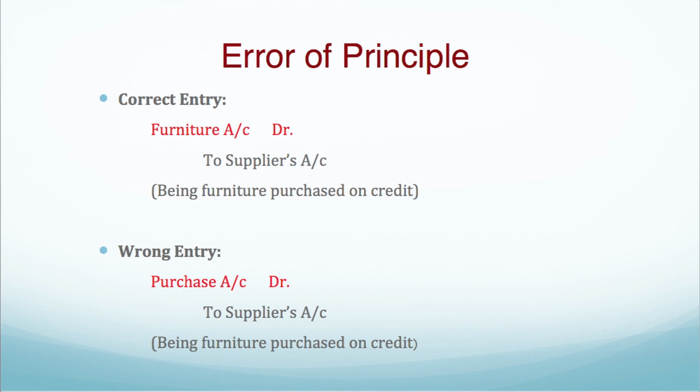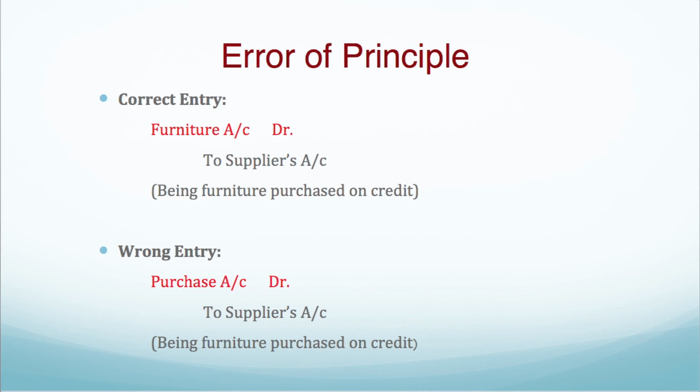So generally, the purchase of furniture on credit is recorded as furniture account debit, and we credit the supplier from whom we have purchased the furniture on credit.